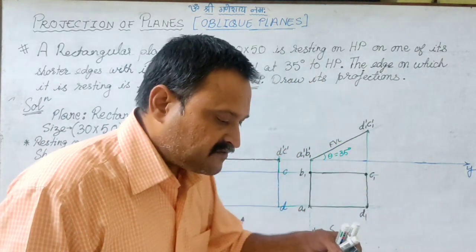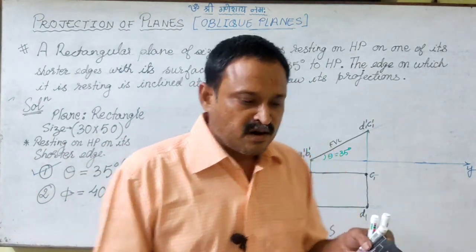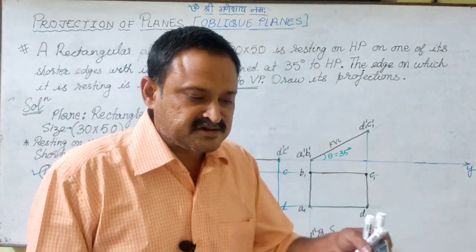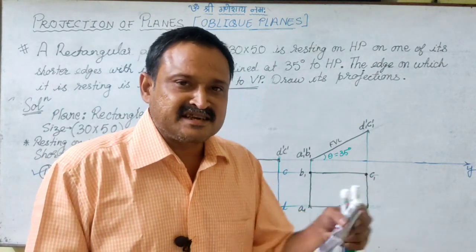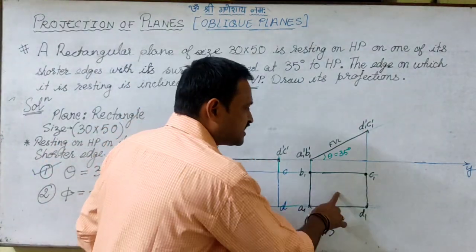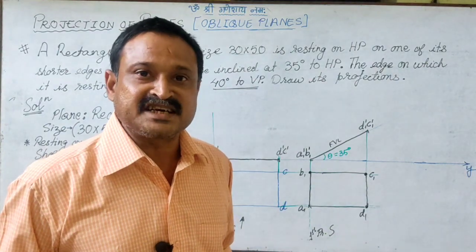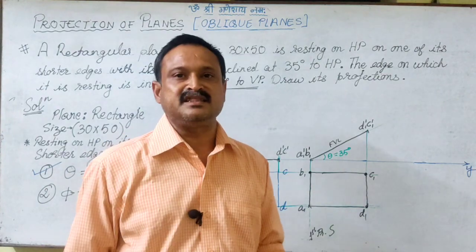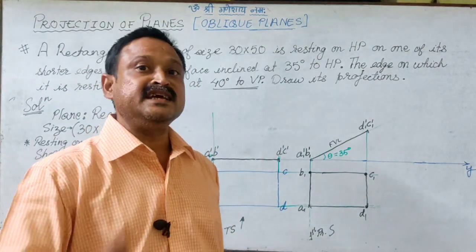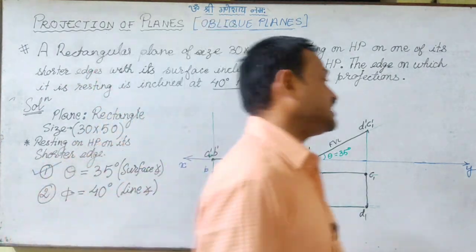So either if I change my position or I change the plane's position without changing the first condition, the shape and size of the latest view, the projected shape we have achieved, is not going to change when we are putting in the second condition. Only its orientation has to change.